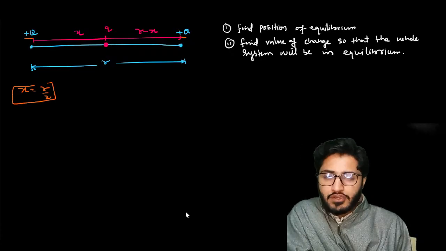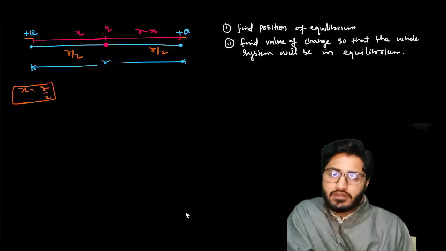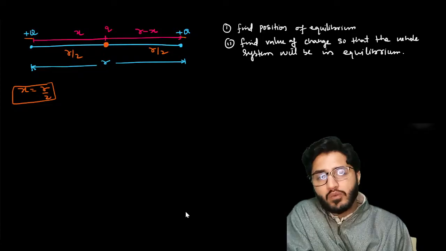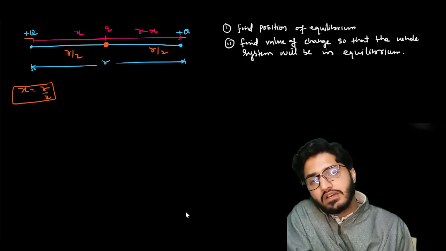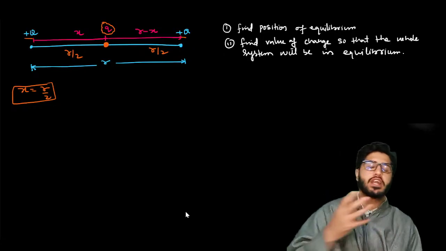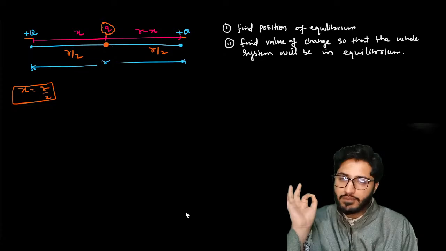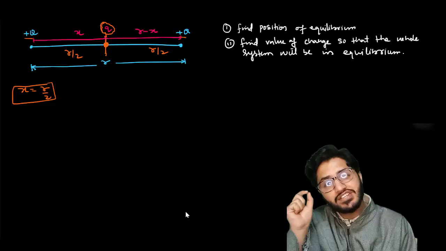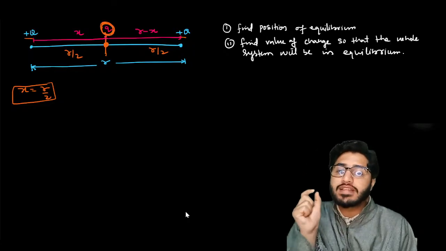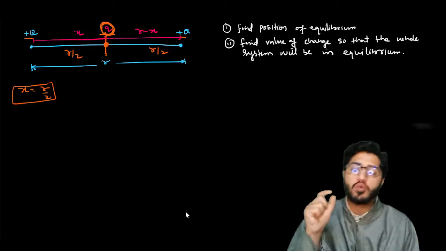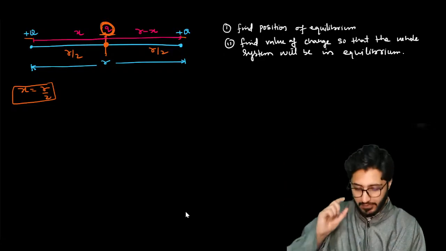That means we have to place it in between the two charges, right? So here I will get my equilibrium. If instead of this Q we have any charge, 4Q, 10Q, 100Q, always my equilibrium will be here. But if I am placing any charge here, what should be the value of this charge so that my whole system will be in equilibrium?